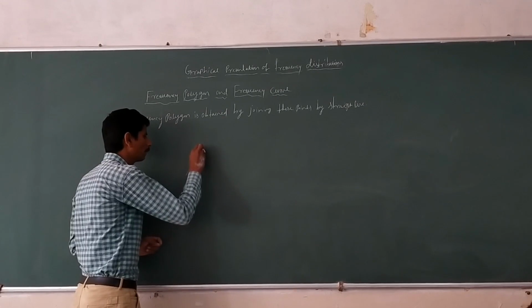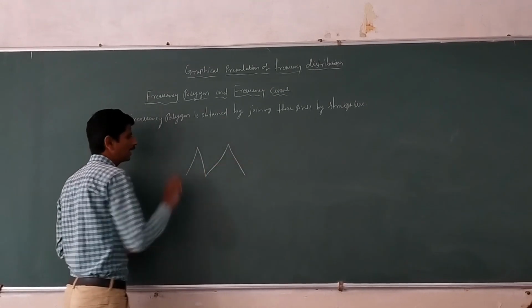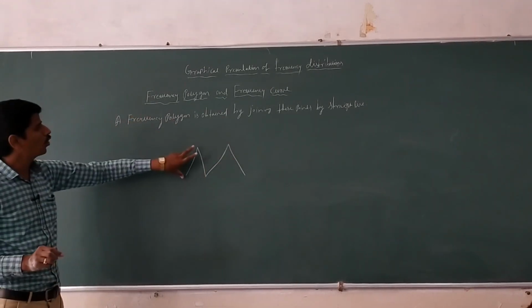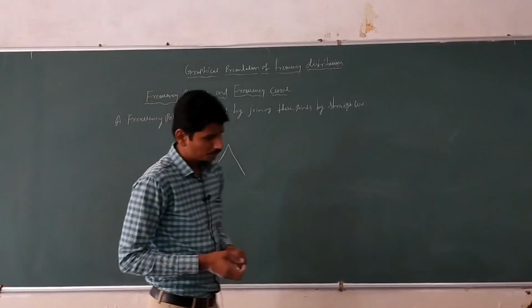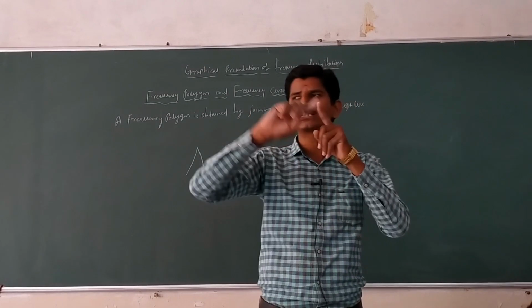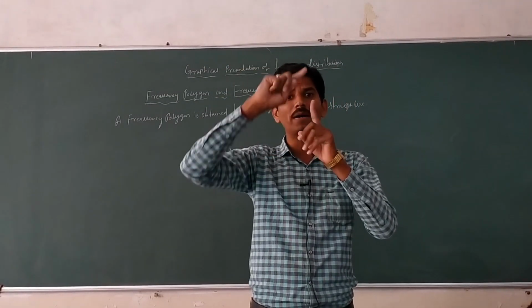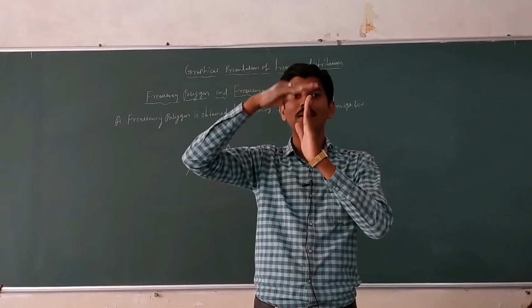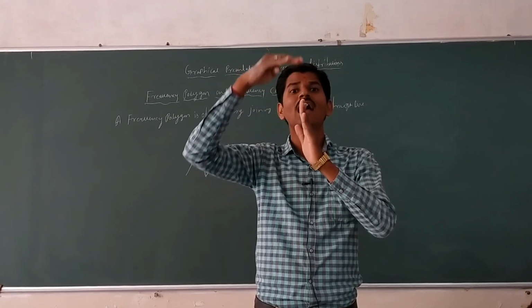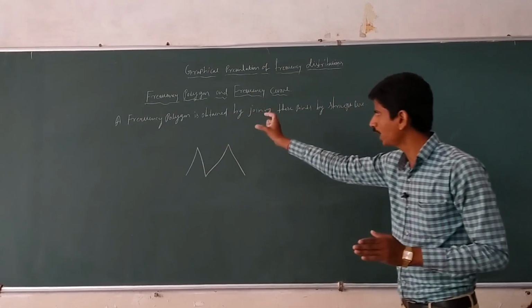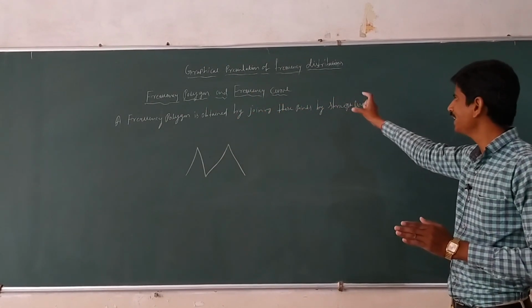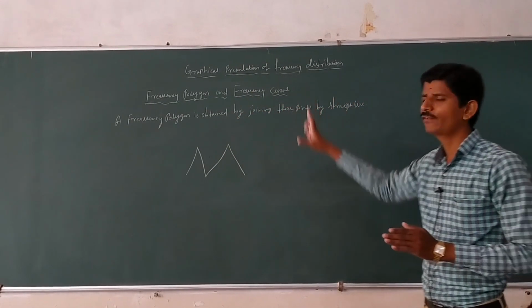For example, it is a straight line. On joining the midpoints of the upper sides of the rectangles, a frequency polygon is obtained. A frequency polygon is obtained by joining these points by straight lines, and it is called a frequency polygon.